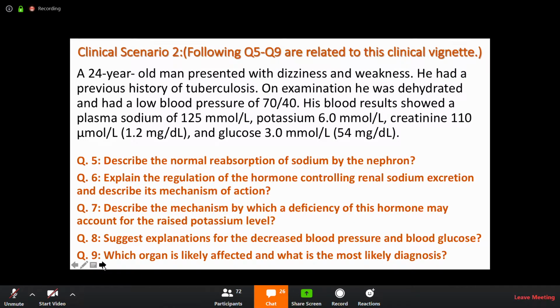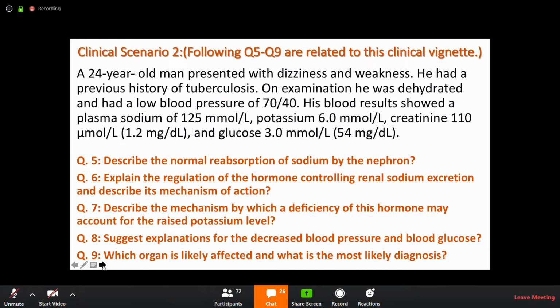In total, 99% of sodium is reabsorbed in the proximal tubule, thick ascending limb, distal convoluted tubule, and collecting duct, and only 1% of sodium is excreted out.